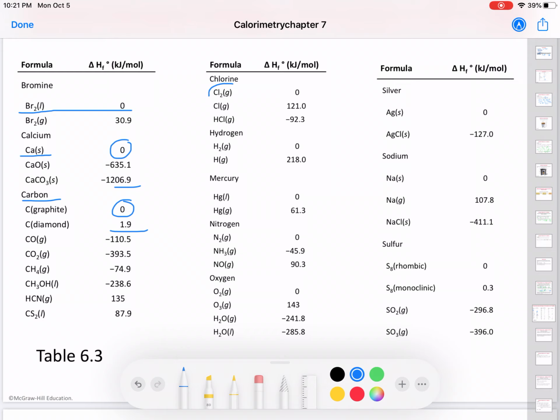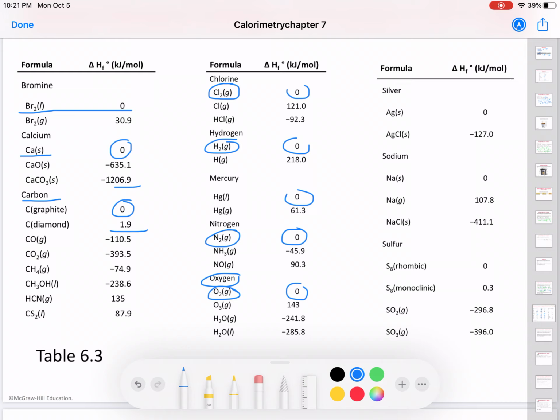But if it is a diatomic molecule, chlorine, 0. Similarly, hydrogen gas, 0. And liquid mercury, that is how it exists in nature, so that is also 0. Nitrogen, 0. Oxygen gas, 0. So likewise, you can find enthalpies of formation from this table.